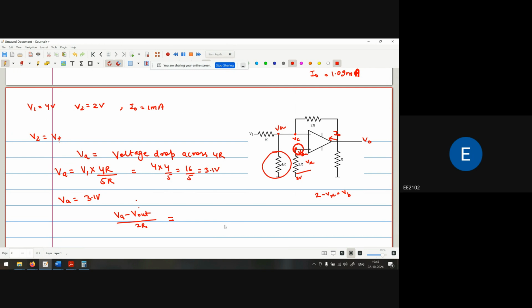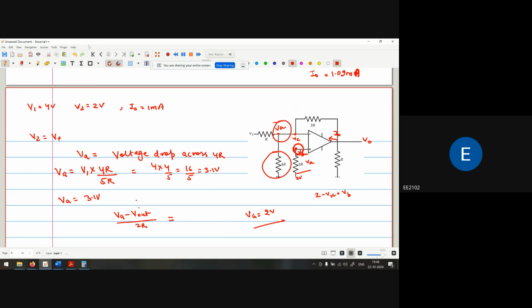But the voltage at this point, VA, will also be 2, right? So if we take VA as 2 volts.